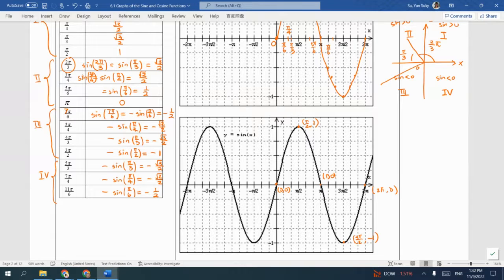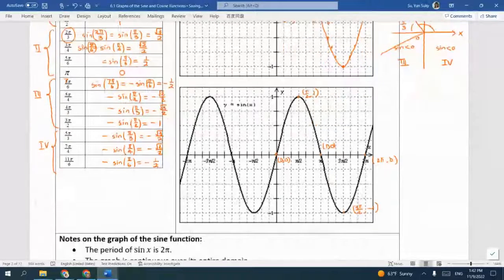So you only plot those 5 points. 1, 2, 3, 4, 5. And then you just draw them smoothly. Instead of drawing all these points, you just need 5 points to draw the sine. Okay, everybody? Then you can connect them smoothly.